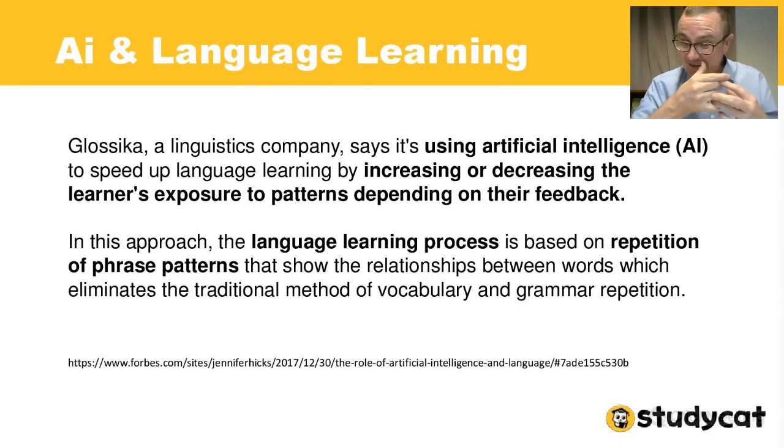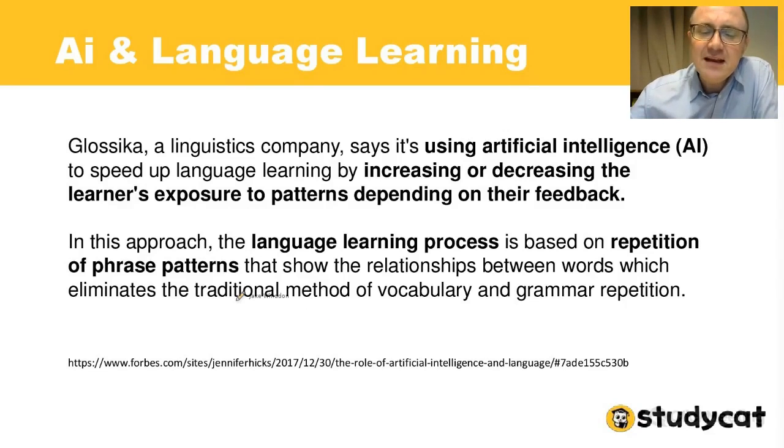So what happens in a lot of our classes, I'm sure, is you have to follow a curriculum, but maybe the kids already know it, so we spend time teaching things kids already know. It's also hard to know what everyone is getting wrong, so you don't know if you're actually meeting everyone's exact needs. So their argument is that artificial intelligence will help eliminate the traditional method of just doing vocabulary and grammar repetition.